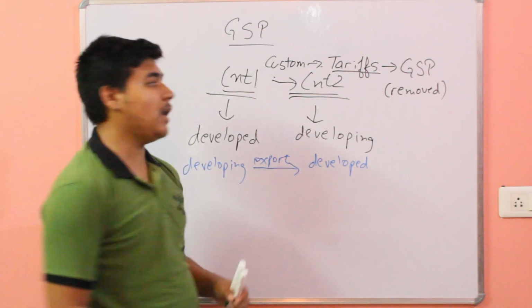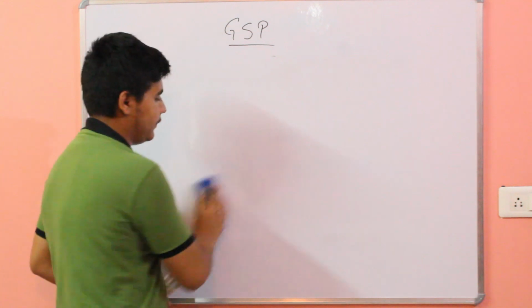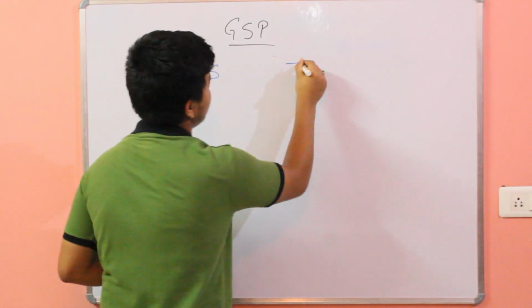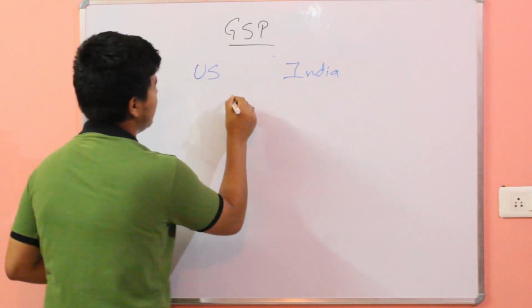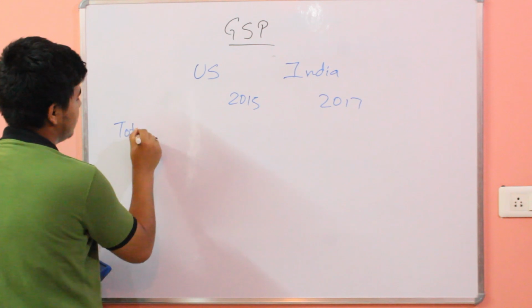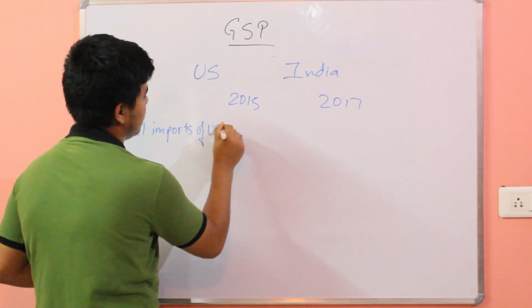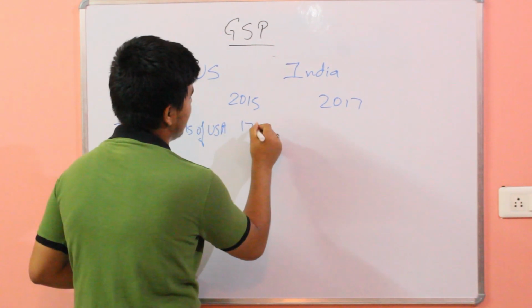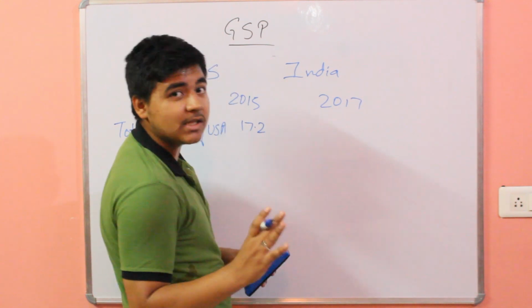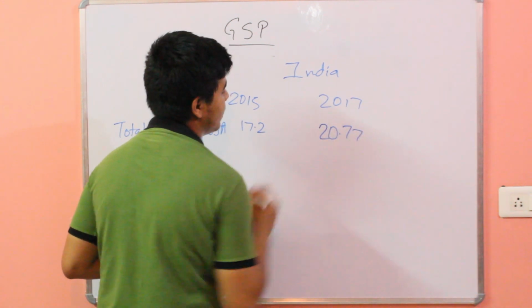Now, how does it help in trade? If we see the trade between the US and India, in the span of 2015 to 2017, total imports of the USA were around $17.2 billion, and in 2017, after the GSP regime, that was $20.77 billion.